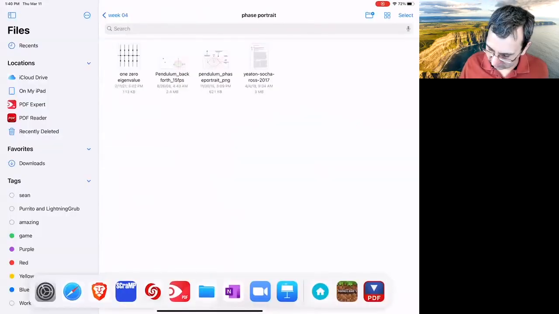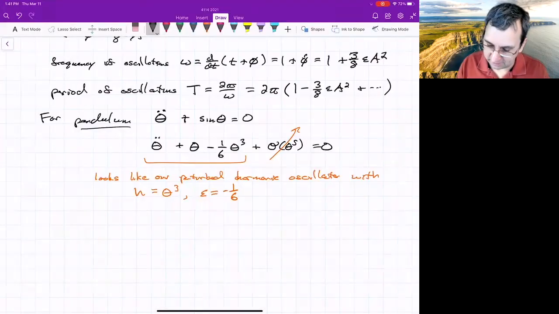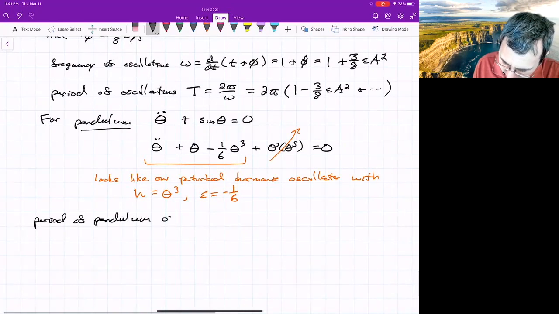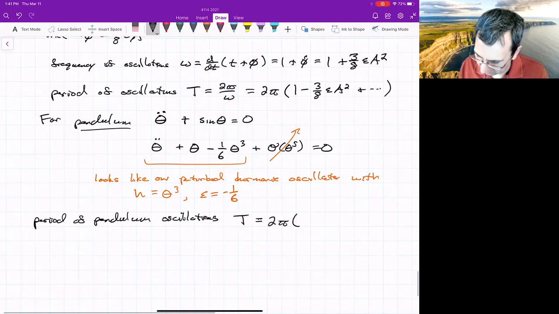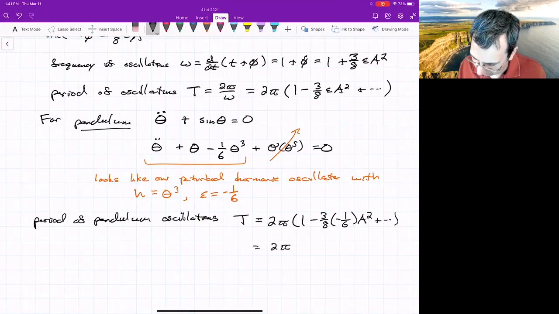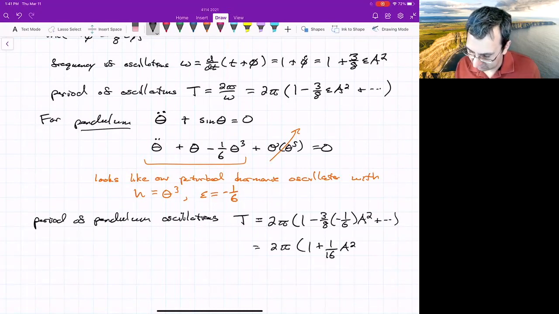That goes to infinity when you start just barely near the top and give it a nudge, which would be the largest possible oscillations. For the pendulum, the period of oscillations T equals 2 pi times 1 minus, with epsilon equal to minus 1/6, 3/8 times minus 1/6 a squared, which is 2 pi times 1 plus 1 over 16 a squared.